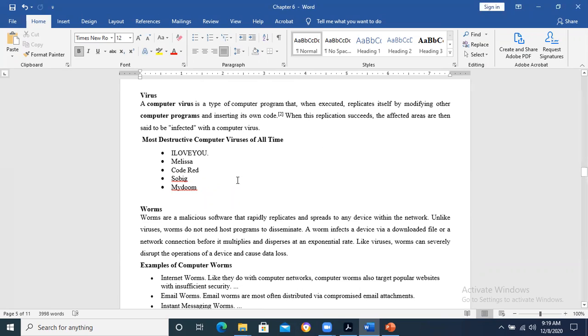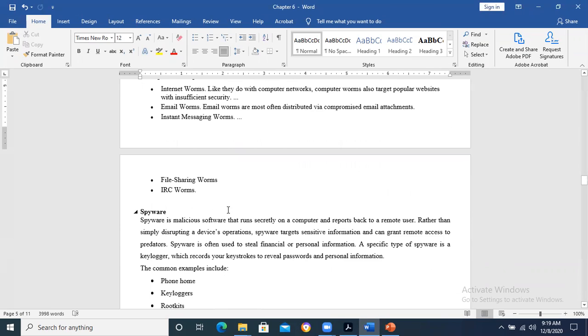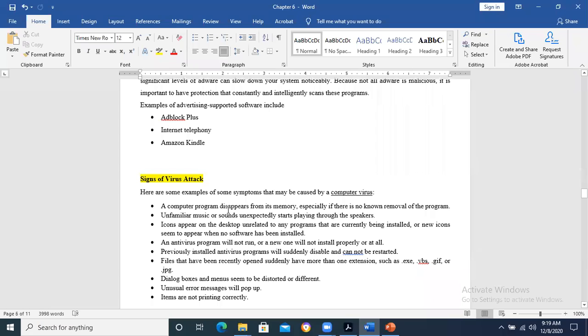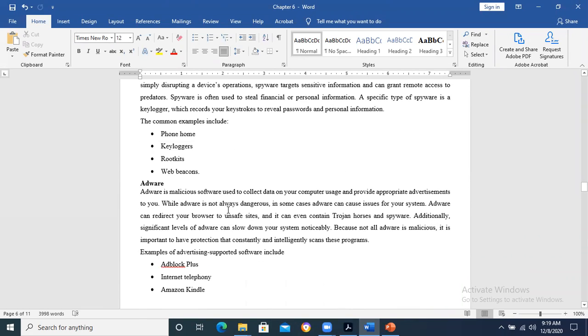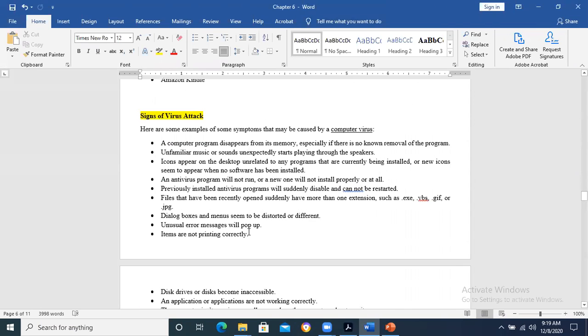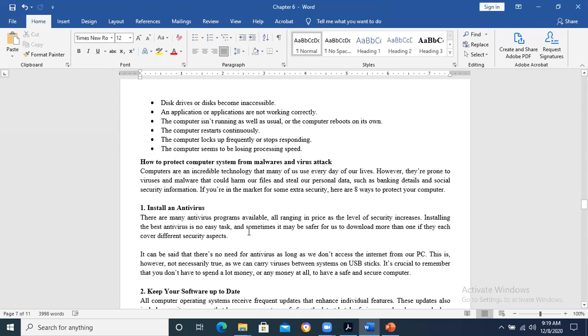Now we need to see that if you have got such things, then how you are going to protect your computer systems. Even if you don't have a virus attack or a malware attack, what are the precautionary measures one should take to protect the computer system?